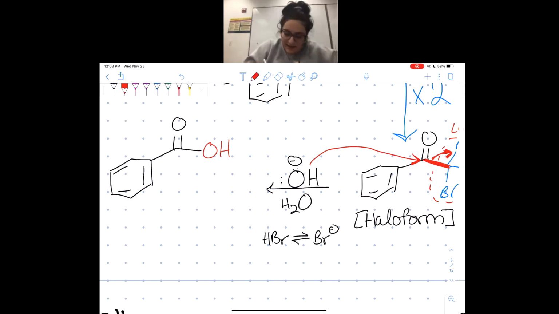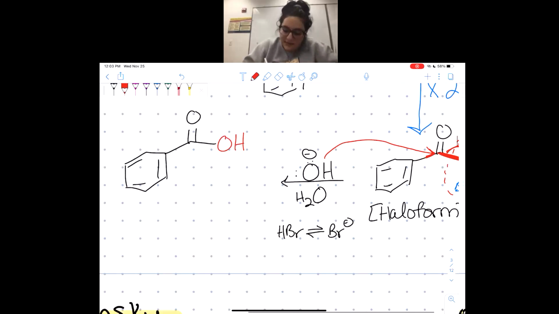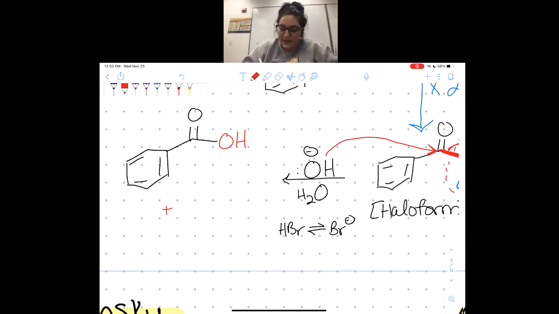A carboxylic acid, cool. And so you also have to note that we made CBr3 minus as our byproduct.